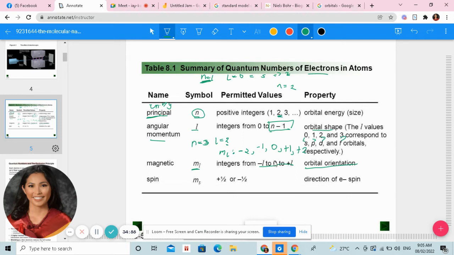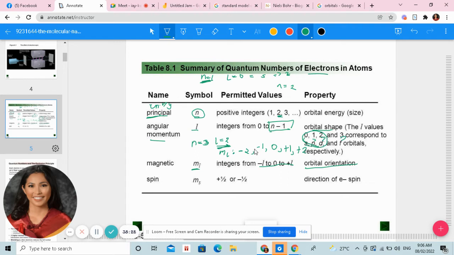Remember, when L is equal to 2, it is the D orbital.